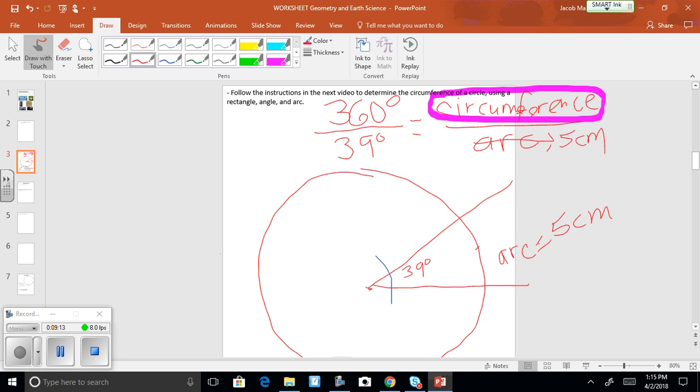So what we actually got to do here is a little algebra, but it's pretty simple. If I multiply this side by 5 centimeters, it cancels out. My 5 centimeters cancels out, which is great. Now I have circumference by itself. But whatever I do on the right side, I have to do on the left side. Okay? And there you go.